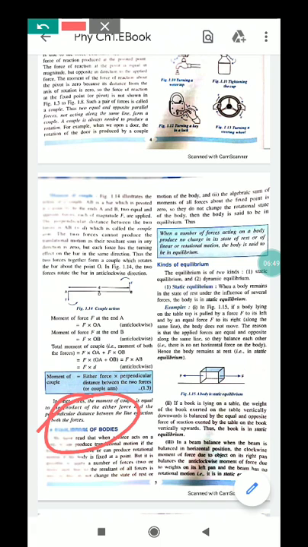Some of the conditions for a body to be in equilibrium are: number 1, the resultant of all the forces acting on the body should be equal to 0. Number 2, the algebraic sum of moments of all the forces acting on the body about the point of rotation should be 0.